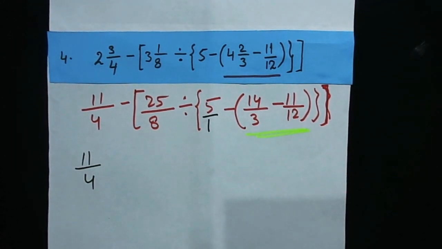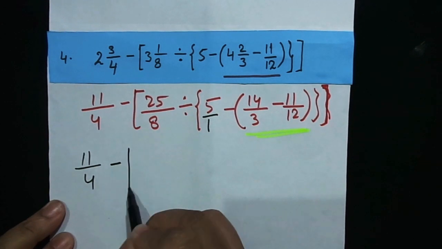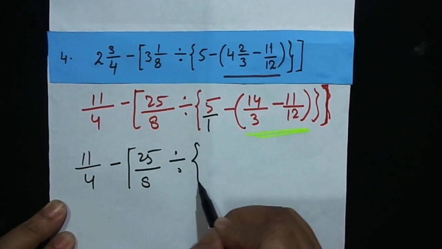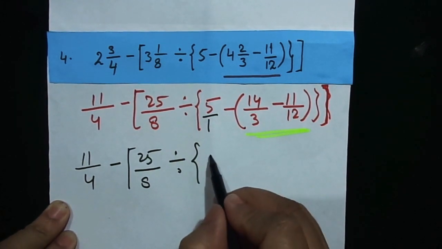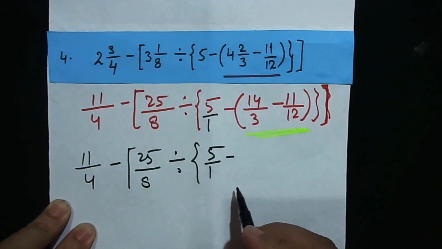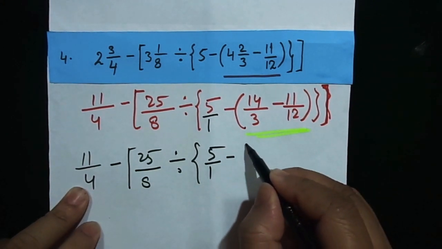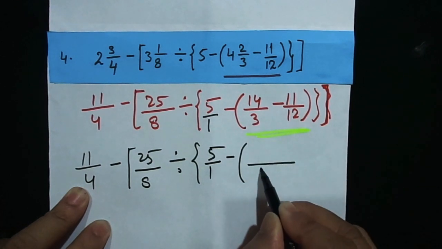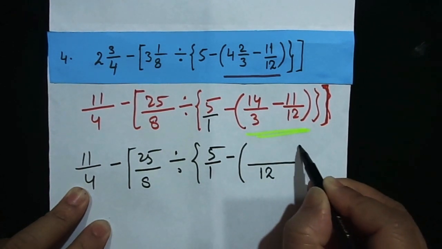Minus 25 by 8 divided by curly bracket 5 by 1 minus, what I am going to do, I am going to take the LCM. So LCM of 3 and 12 is equal to 12.